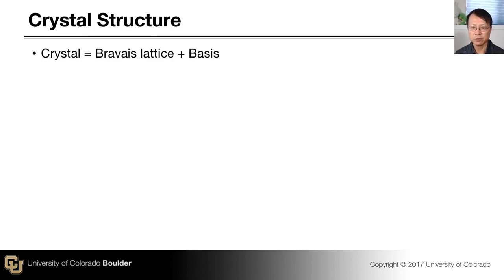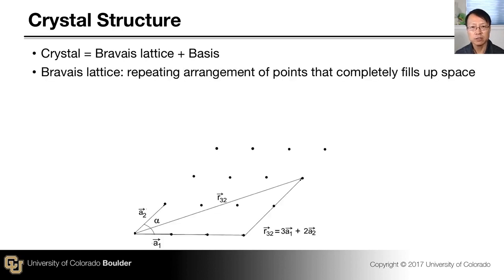So what is a crystal? A crystal can be understood as a Bravais lattice with bases. And we're going to define these two in sequence. A Bravais lattice is a repeating arrangement of points that completely fill up space.